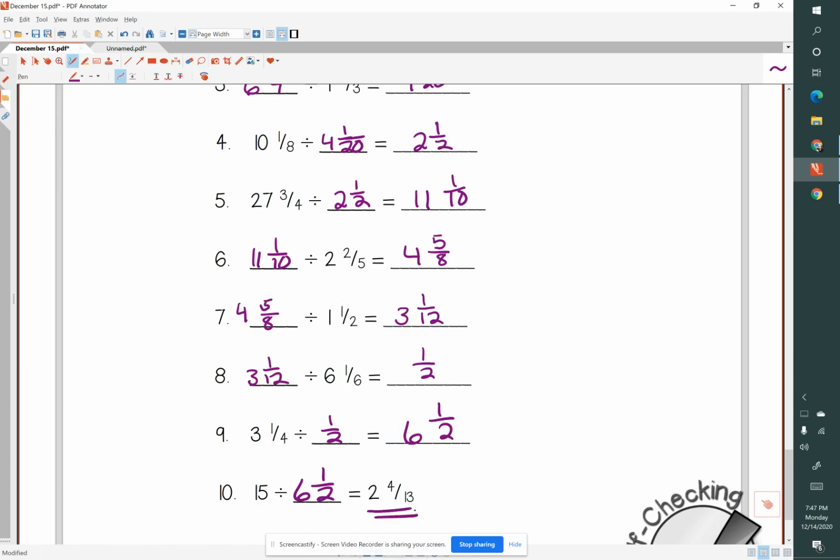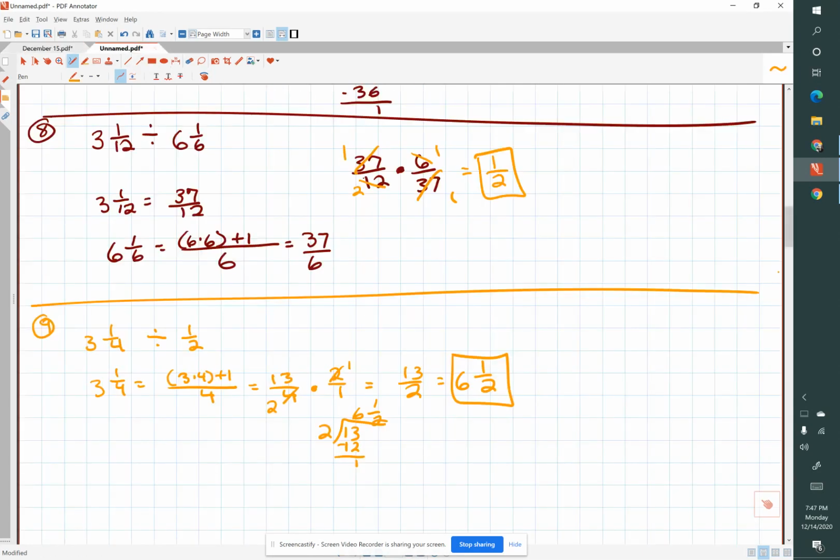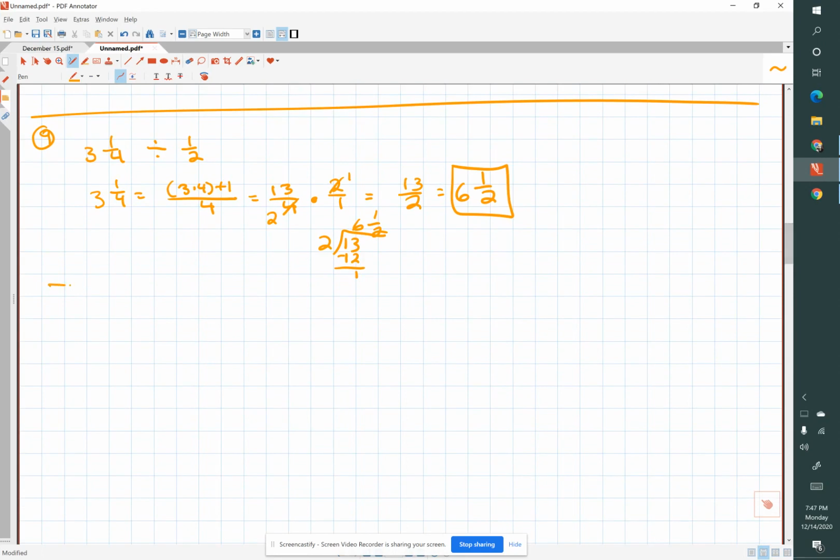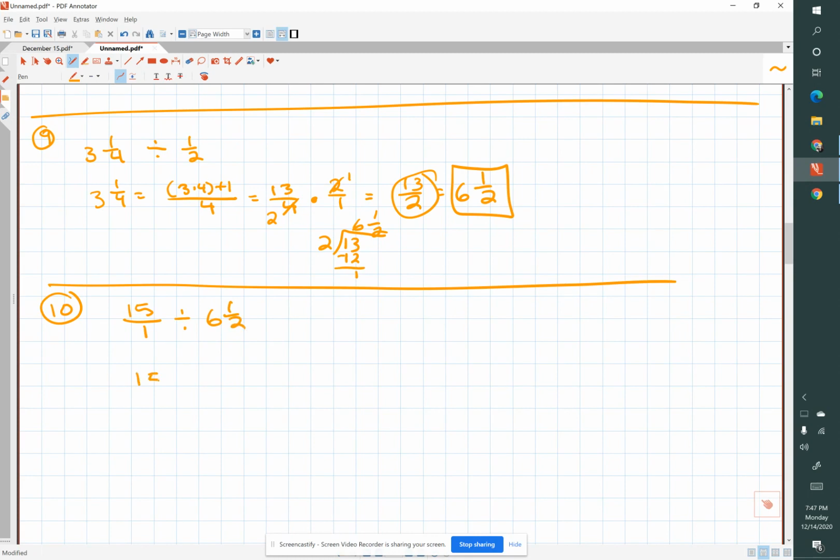All right, we're going to check this. We never trust, we always verify. So the 6 and 1/2 we know is the same as 13 halves. So we're just going to do, it says 15, which we will put over a 1, divided by 6 and 1/2. That would be 15 over 1 multiplied, instead of 13 halves, 2 over 13. 15 times 2 is 30 over 13.